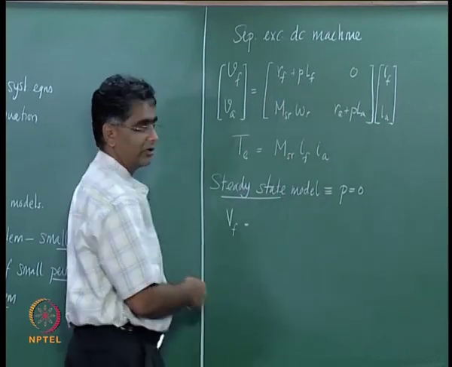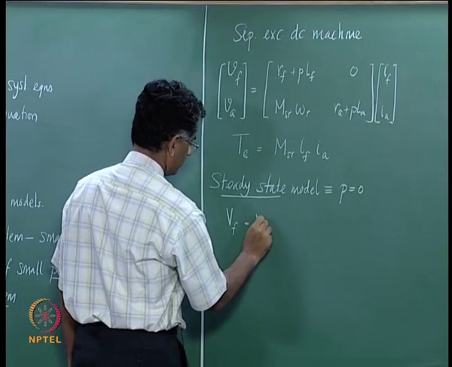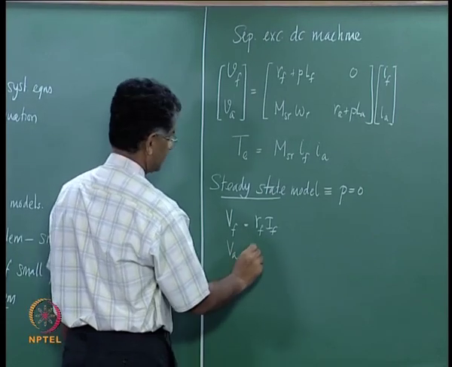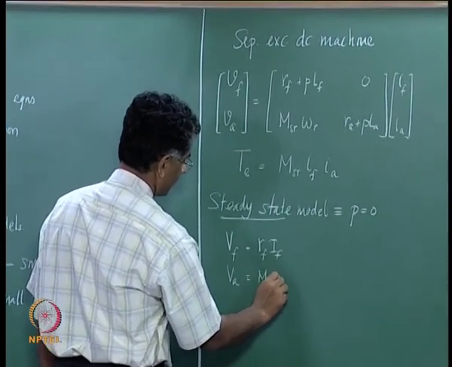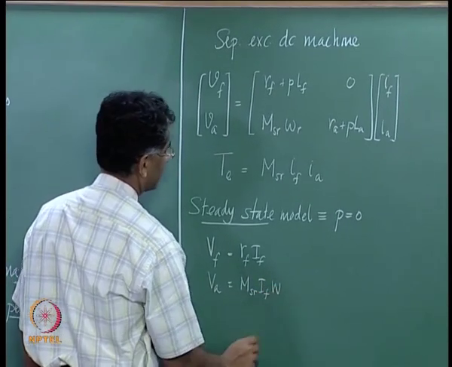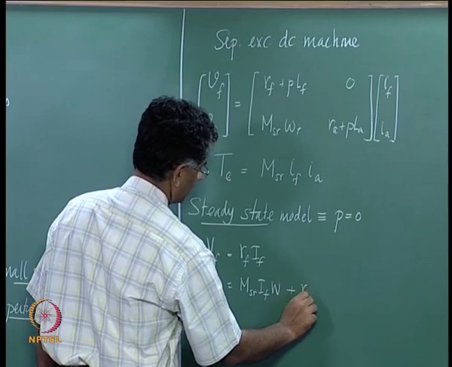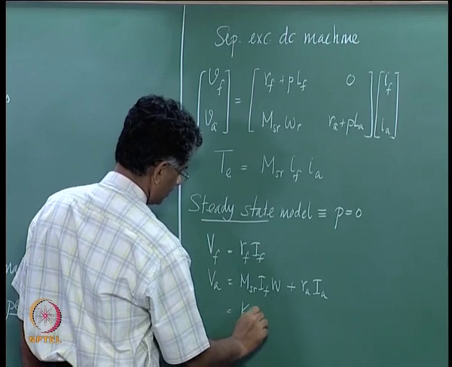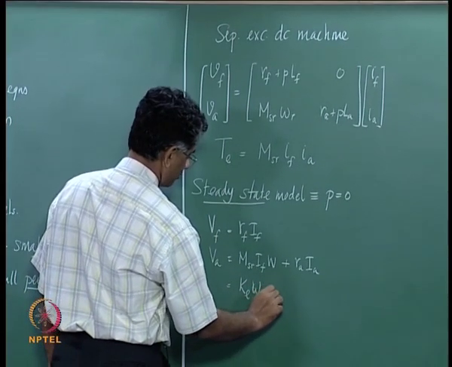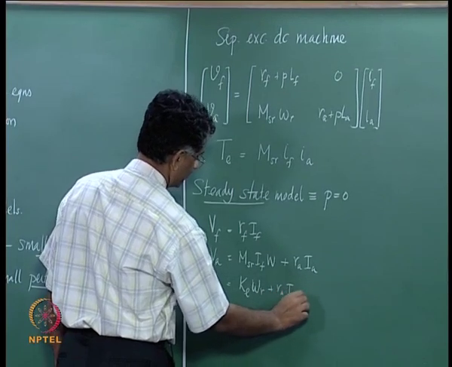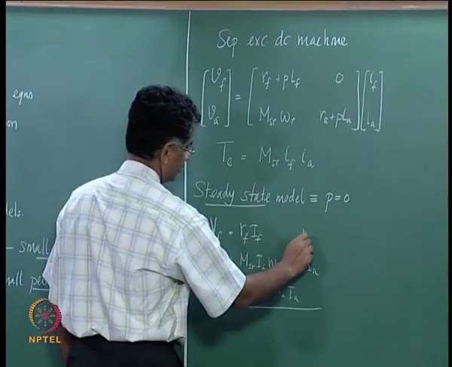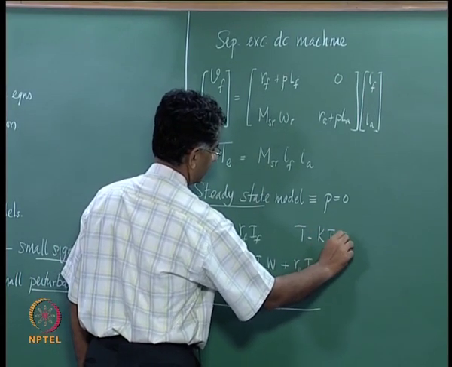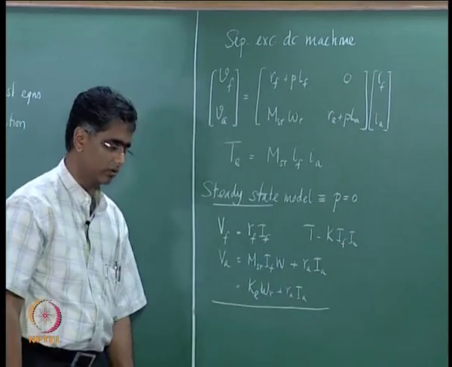The L di by dt term goes to 0, and then the armature voltage is nothing but MSR into If into omega plus Ra into Ia. So this is nothing but your Ke into omega R plus Ra into Ia. These are the well known DC machine equations. The torque is given by some K multiplied by If into Ia. So these are well known.